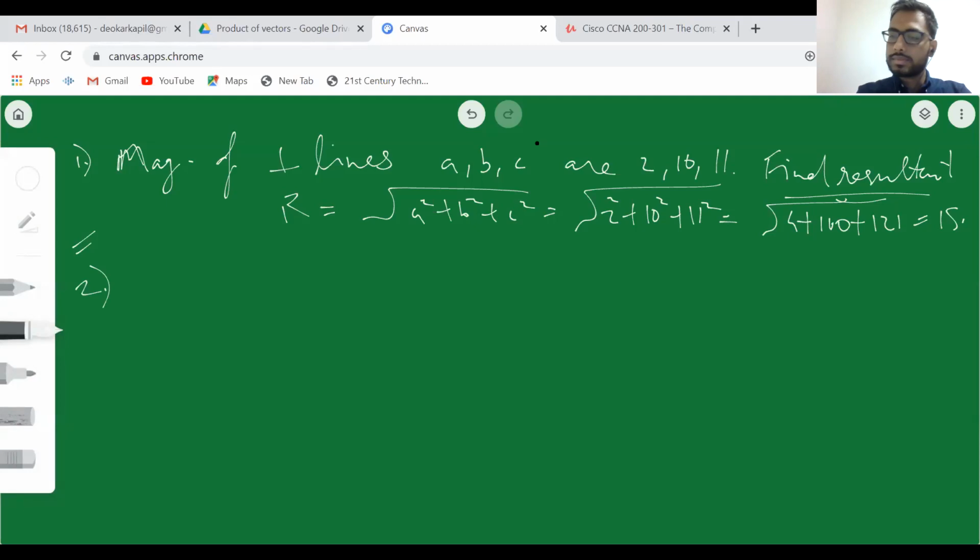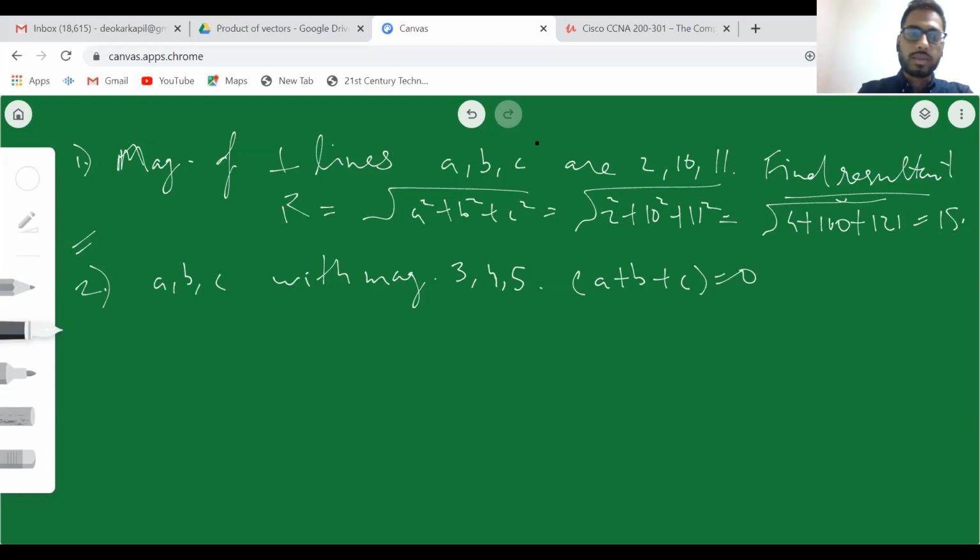Next question is, there are 3 vectors which are having magnitude of 3, 4 and 5. Another condition is given, which is a plus b plus c is equal to 0, and the value of a dot b, b dot c, c dot a is to be found out.